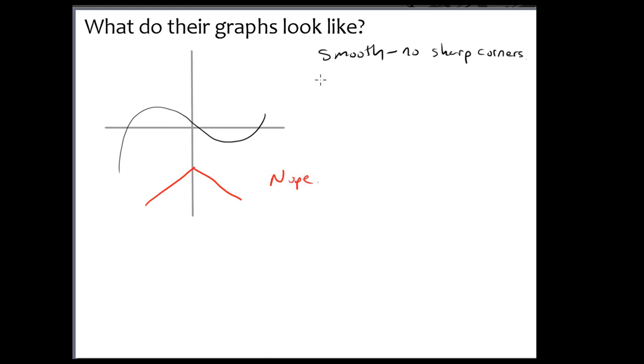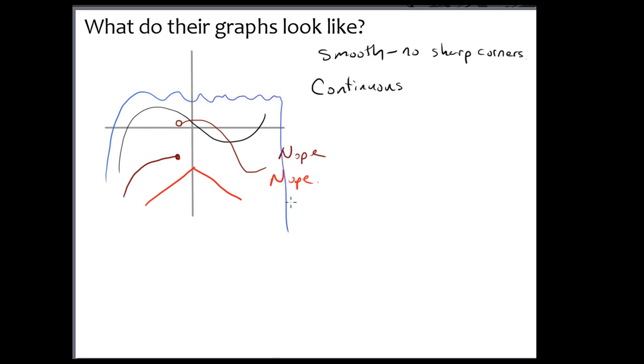And they're continuous, which we could think of as another way of saying that they're connected. So something like this, that's smooth up to a point, and then it comes to another point, and it's still smooth. Again, nope. That's not allowed. But something like this, that wiggles about a whole bunch, that's just fine.